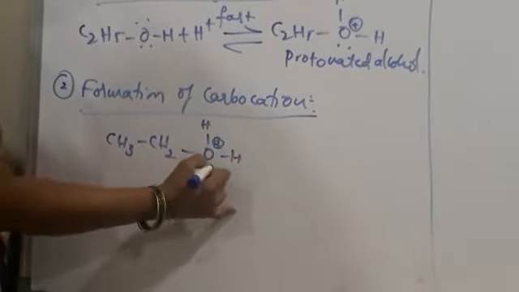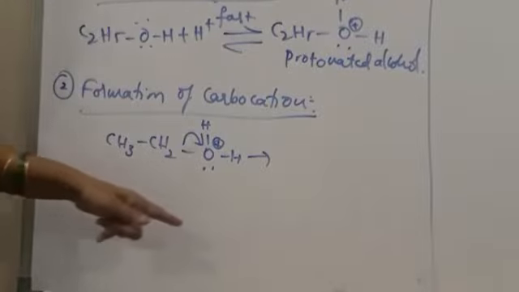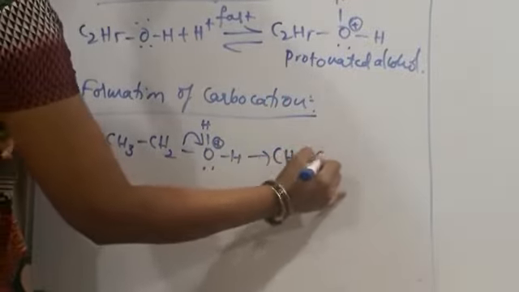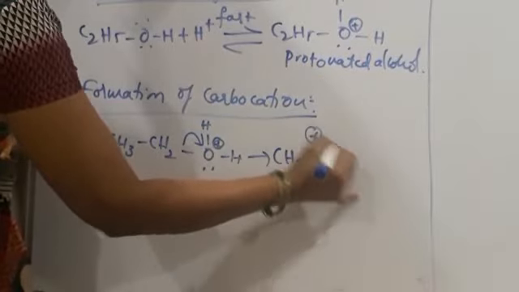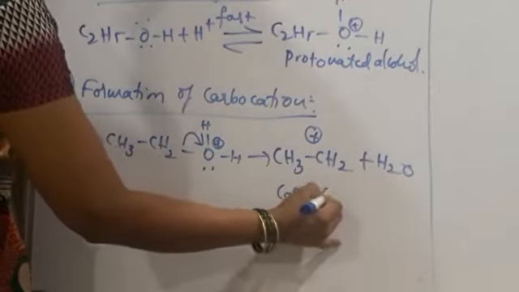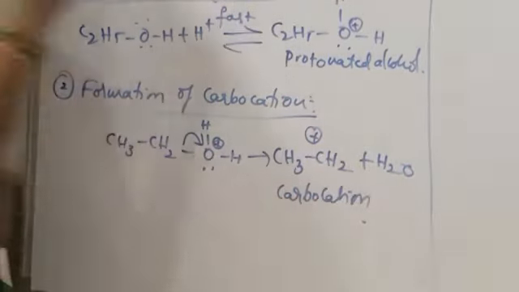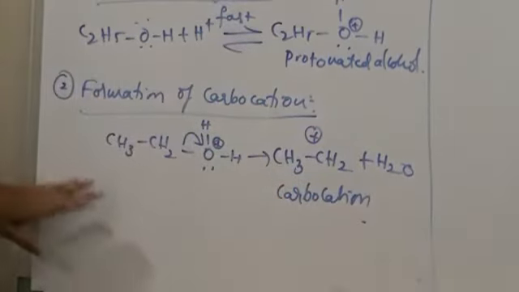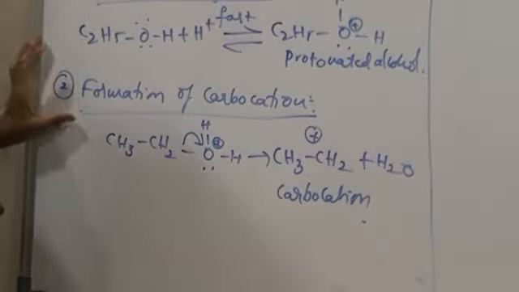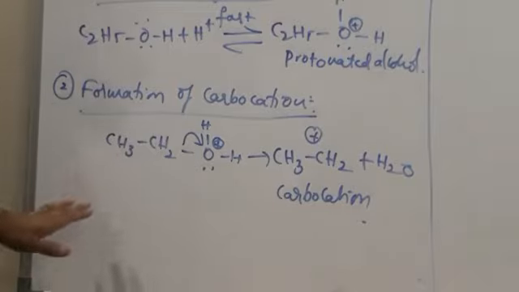With the removal of H2O, we get ethyl carbocation. So this is the formation of carbocation, the second step involved in this mechanism.